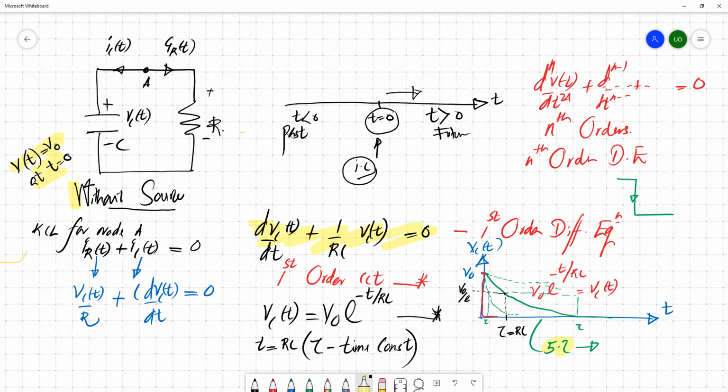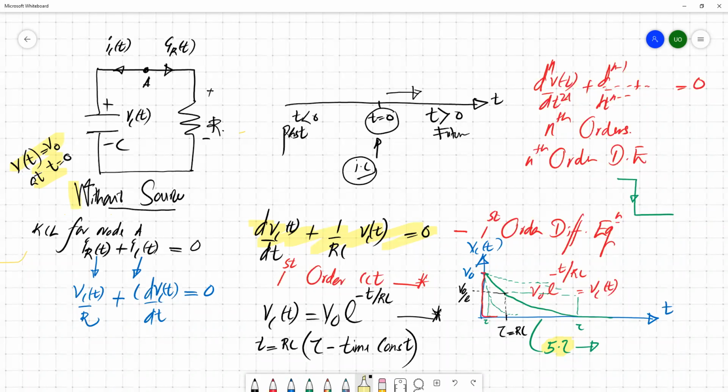Then we applied circuit theories and came across a first order differential equation. So if these circuit parameters can be explained through a first order differential equation, this circuit can be recognized as a first order circuit.